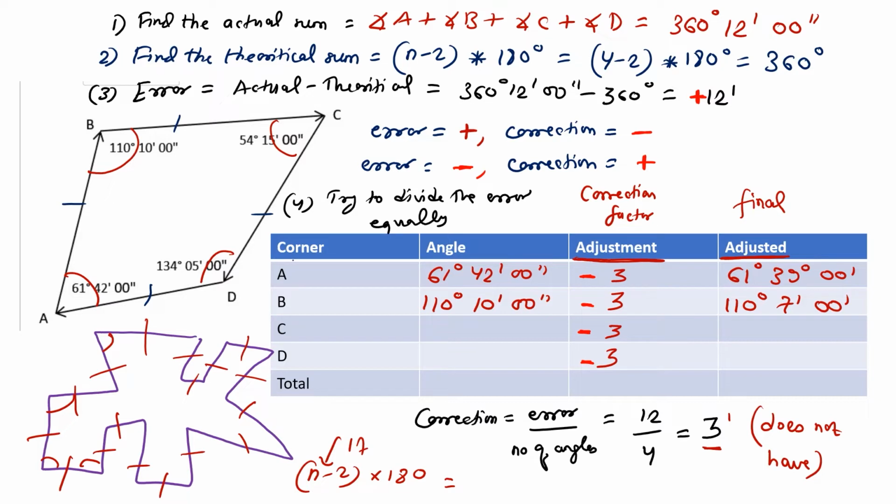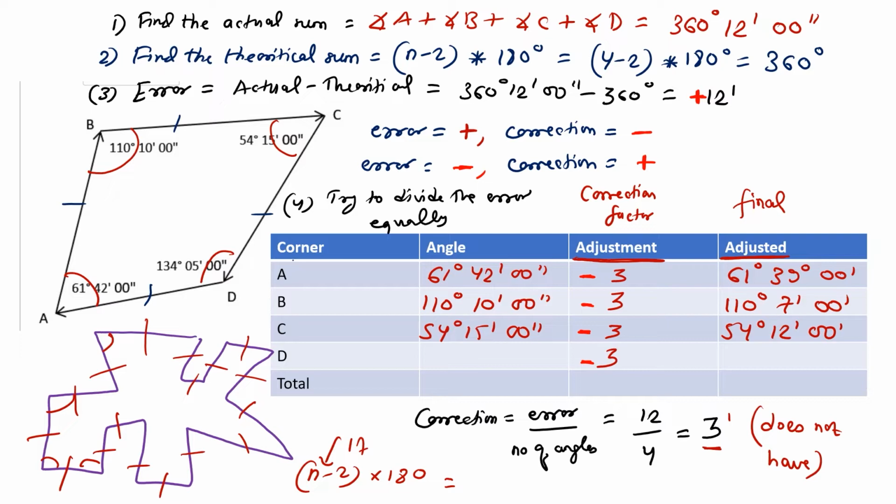Angle C is 54°15'00". Subtract 3, and that gives you 54°12'00".